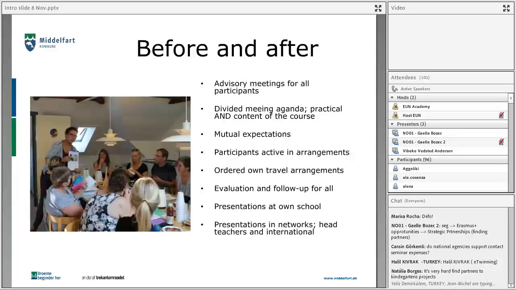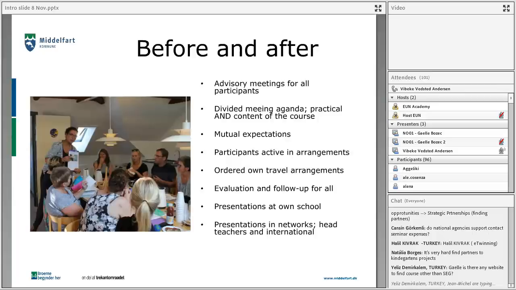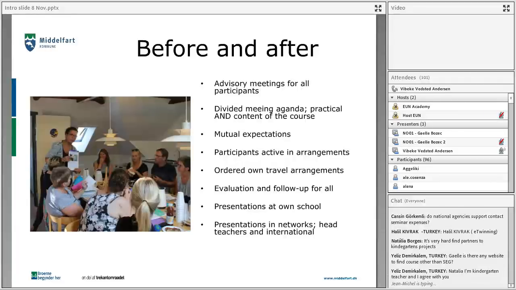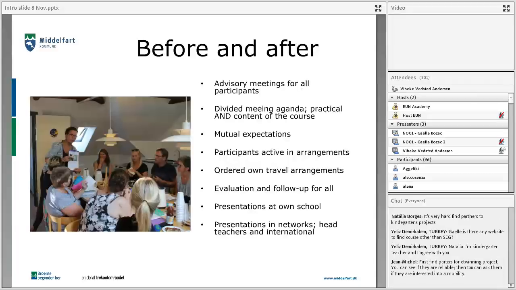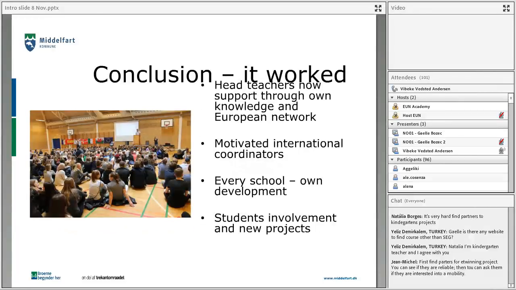I didn't do the job for them, so they were active in the process of ordering and organizing their own mobility. When they came home, they made presentations at their own school, and they also made presentations within their own network. And almost all of them came home with their own strategy for their own school to run the international dimension. So that was quite amazing.